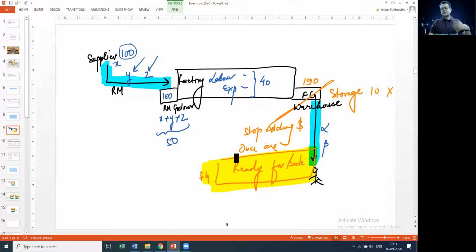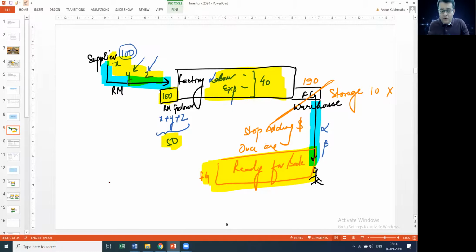Okay, so commonsensically, if you just visualize, in inventory, you got to visualize a lot, people. What are the kind of things that have gone into the finished goods? There are certain raw material costs, there are certain conversion costs, there are certain taxes, perhaps, anything related to the finished goods in the factory. But do you see one important point here, people?